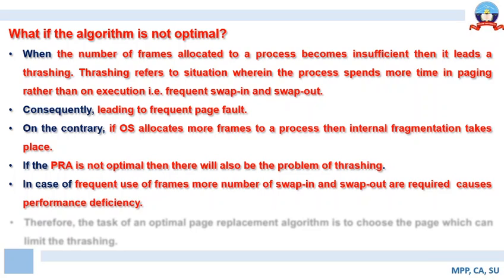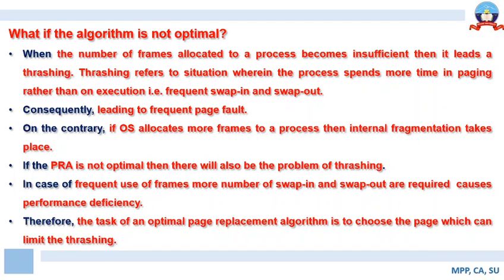Therefore, the objective of an optimal page replacement algorithm is to devise a mechanism which enables it to select the appropriate page to be replaced in order to make space for a newly requested page in a manner that limits thrashing, or reduces the number of page faults.